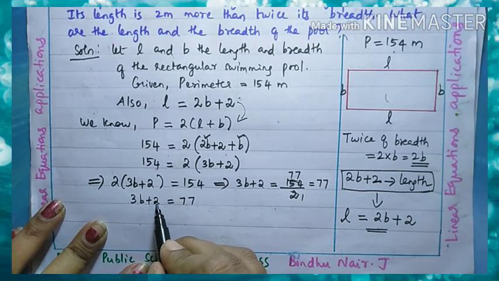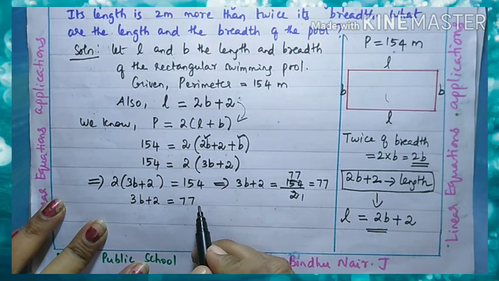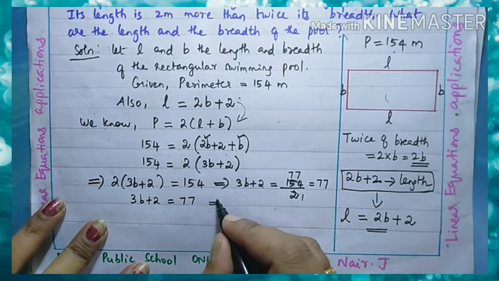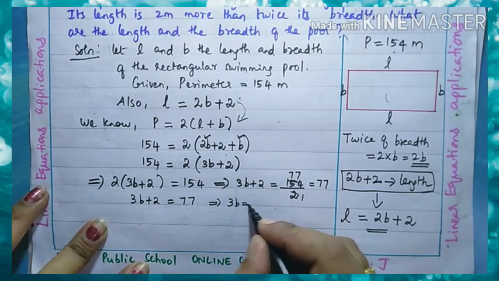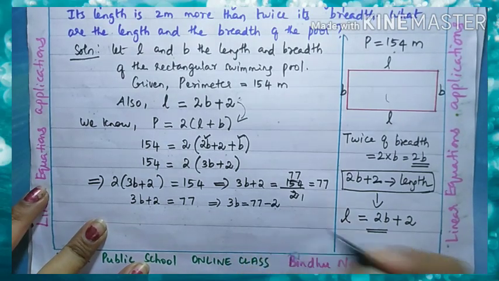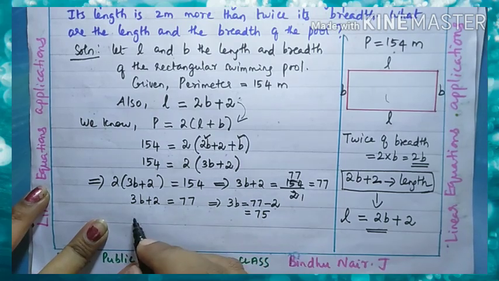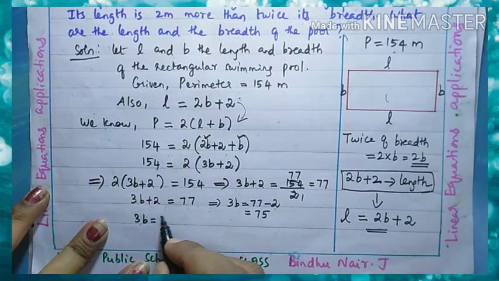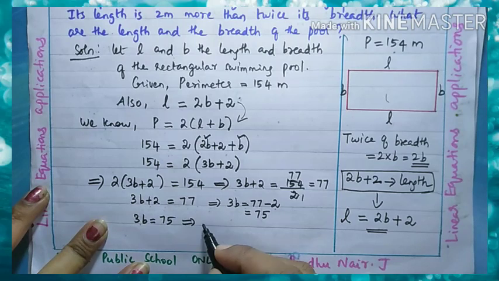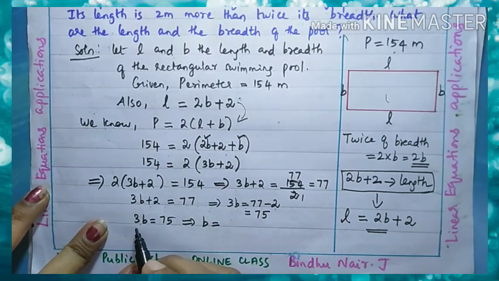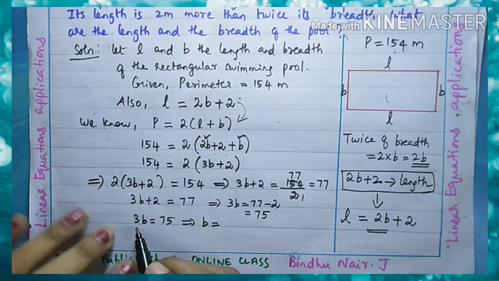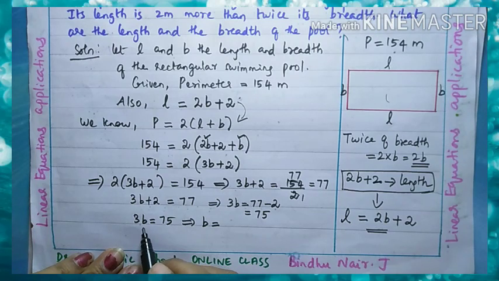Next step, take this 2 to the other side, it becomes minus 2. So 3b equals 77 minus 2. What is 77 minus 2? 75. So we got 3b equals 75. That implies b equals, where will this 3 go? Multiplication becomes division when you transpose.